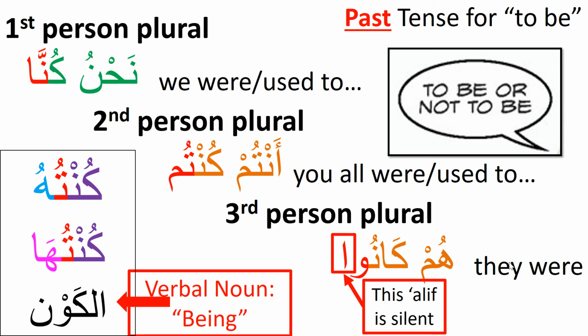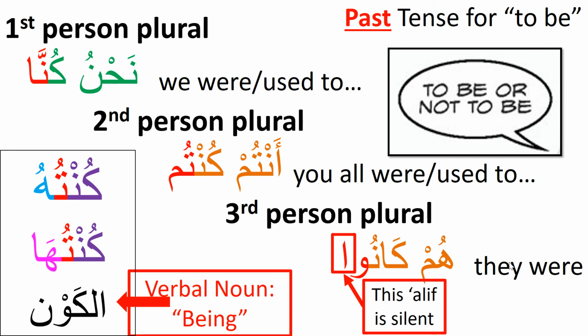Now, that last aleph, I hope this isn't too confusing. That's a silent aleph. You will not pronounce that last aleph. The aleph inside the verb, yes, you will pronounce it. It's kanu. But the last aleph there is a silent aleph. So you'll pronounce the waw before it, but you will not pronounce the aleph at the end.